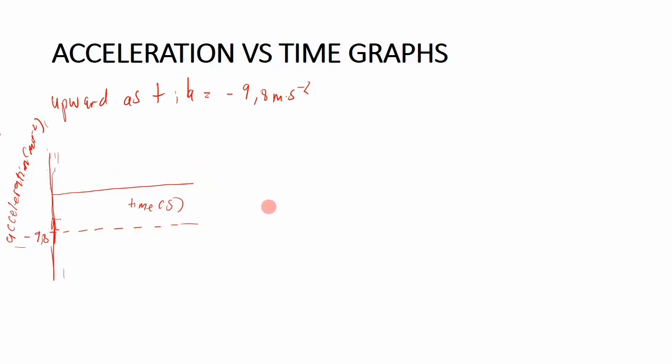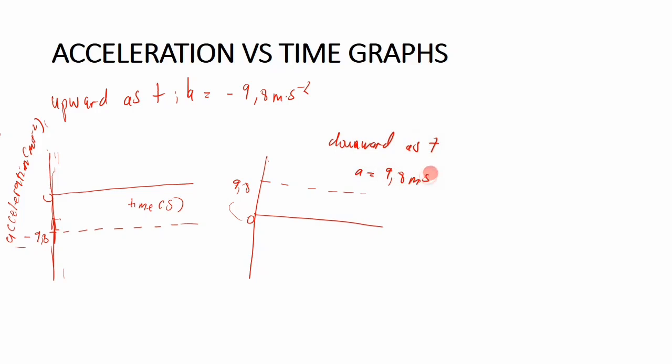What if you took downward as positive? So for downward as positive, you know that your acceleration is now positive 9.8. That means your graph will be above. Then you have 9.8, and then here that's your 0. This is when you took downward as positive, because our acceleration is positive 9.8 meters per second square.